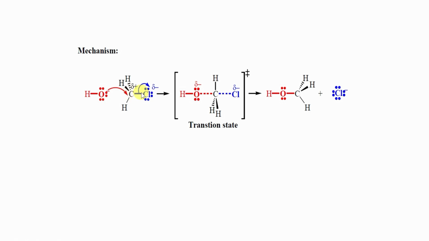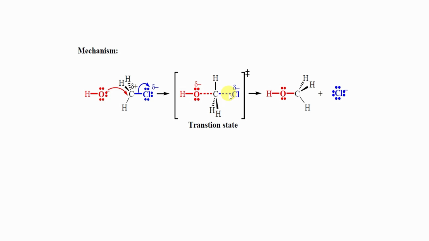When it takes place, at the same time the leaving group halogen departs, and during this process we can assume a transition state in the SN2 reaction where the nucleophile OH is in the process of forming a bond with this central carbon atom, the carbon atom of the methyl group, which is electron deficient or electrophilic in nature, and the carbon halogen bond is in the process of detaching.